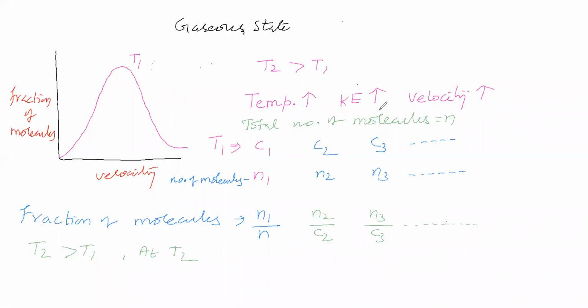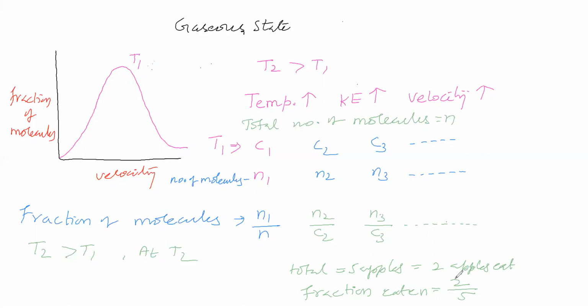Suppose totally 5 apples are there. Of those, 2 apples we are eating. So what is the fraction of apples we have eaten? That is equal to the number of apples eaten by the total number of apples. This is called the fraction of apples eaten.